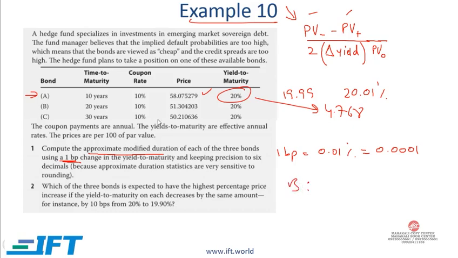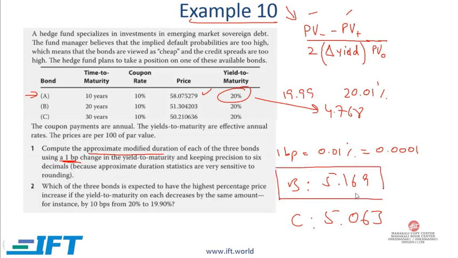For bond B, using the same logic, the approximate modified duration will be 5.169, and for bond C, the answer will be 5.063. The numbers are fairly similar, but note that the greatest interest rate sensitivity is with bond B, even though bond B is a 20-year bond and bond C is a 30-year bond.